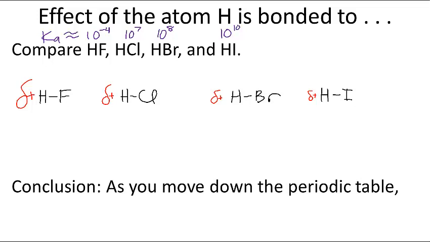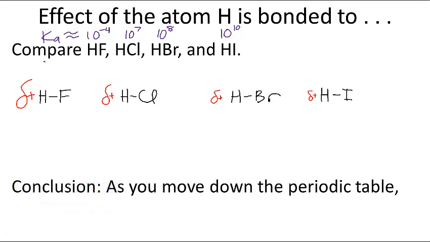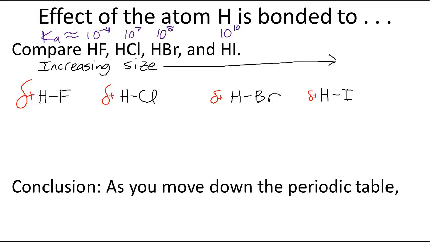So the bond isn't as strong when the orbital size doesn't match up as well. So here we have increasing size, which actually leads to decreasing bond strength.